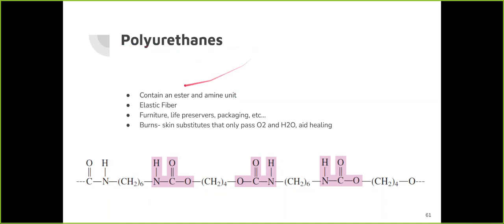Polyurethanes. Polyurethanes contain an ester and an amine unit. So we have an ester amine unit here that's repeating over and over again in this polymer. These form very elastic fibers. Polyurethanes are used in furniture, life preservers, packaging, and so forth.